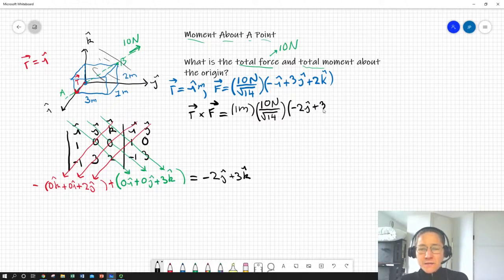And that's it. That's the moment of that force about that point. And most importantly, notice it's in newton meters, which is the proper units for moment.